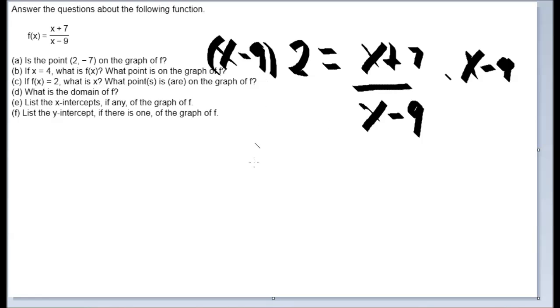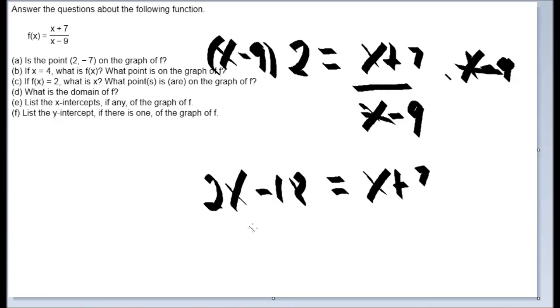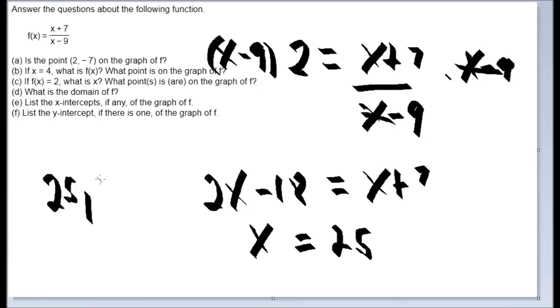Okay, and then that's going to give us, on this side, 2x minus 18 is equal to, well, these cancel out here, so x plus 7. Subtracting x, we get x, and adding 18, we get x equals 25. Okay, so when x equals 25, we should get 2 out of this equation. And we do, and the point on the graph would be (25, 2).